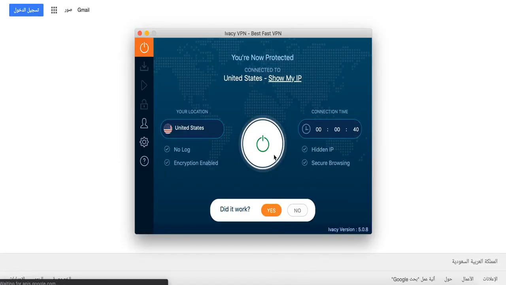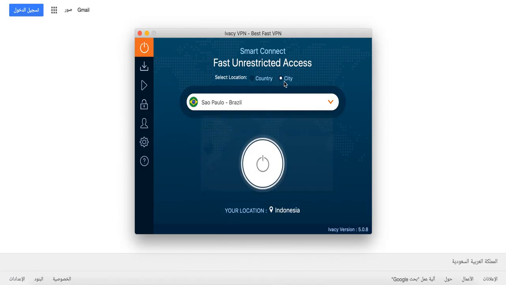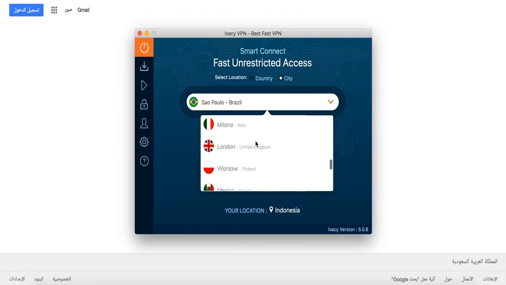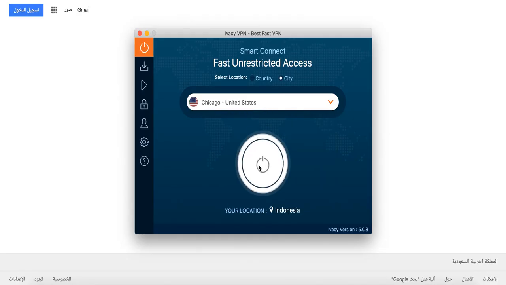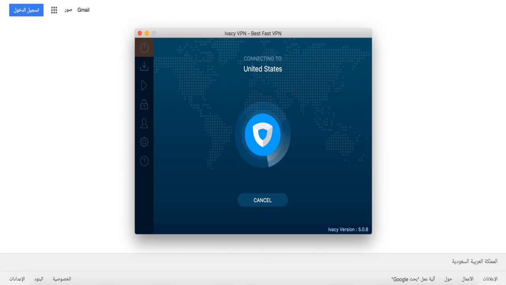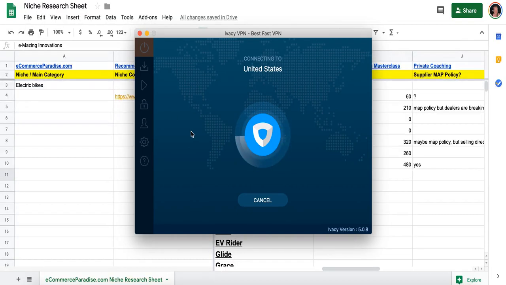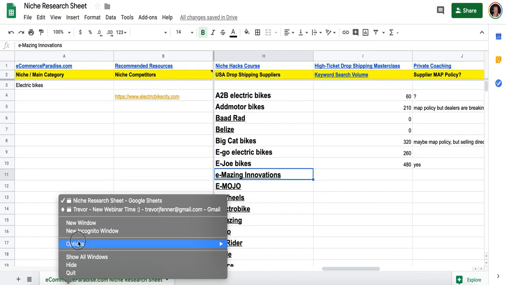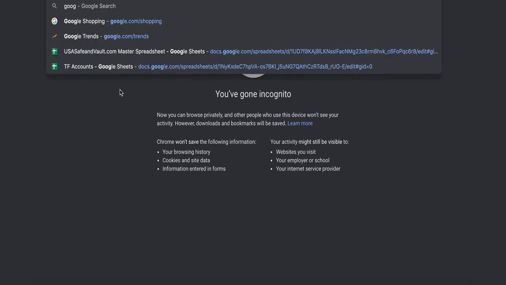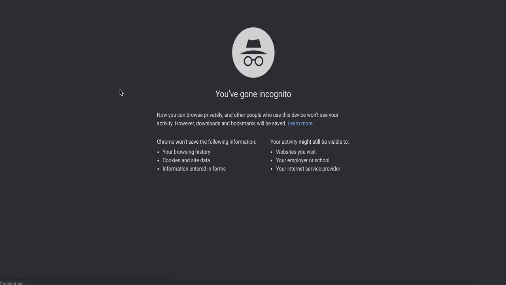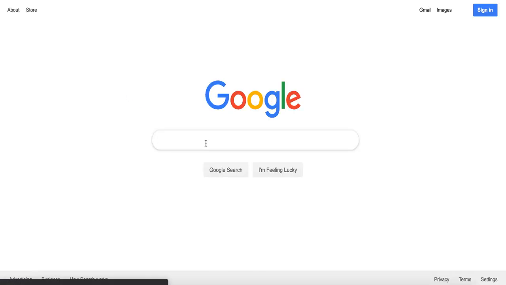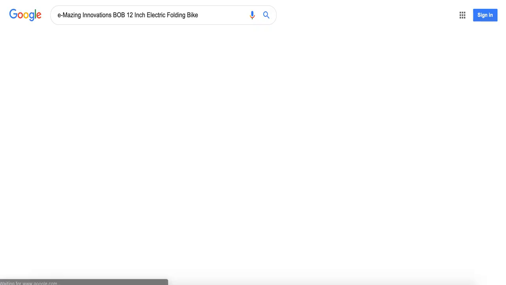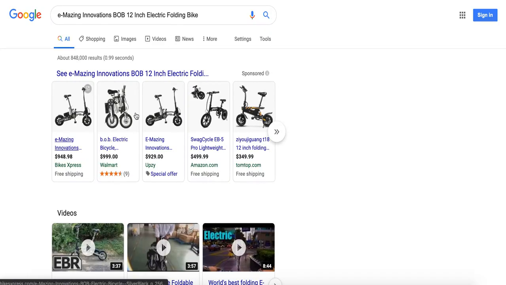Oh, looks like the VPN didn't work there, so let's try another one. Let's try Chicago. Okay, try again. Let's see here now. Incognito window, google.com. Alright, worked that time. So now I'll type in the product name, and it shows me the listing.